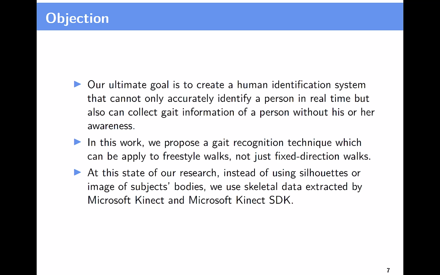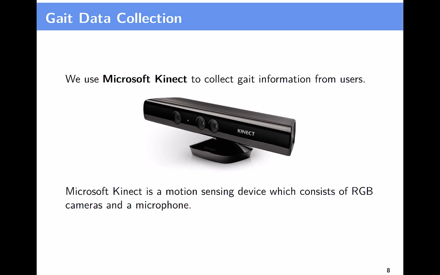At this stage of our research, instead of using silhouettes or images of the subject's body, we use skeletal data extracted from Microsoft Kinect and the Microsoft Kinect SDK as the input data to the model. And this is how Microsoft Kinect looks. Microsoft Kinect can be used to collect gait information from users. It is a kind of motion sensing device that consists of RGB cameras, multiple of them, as well as a microphone.